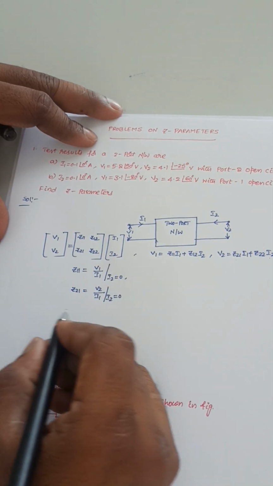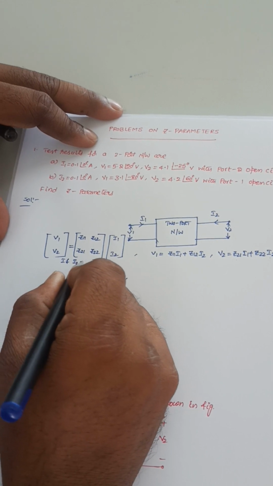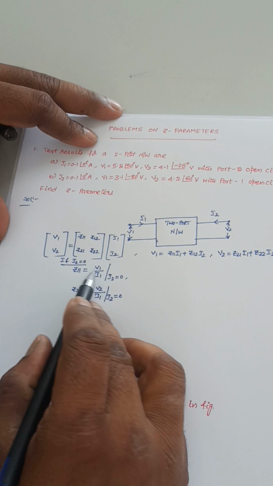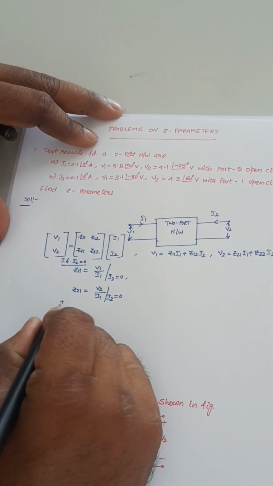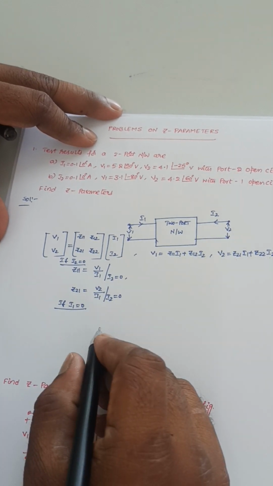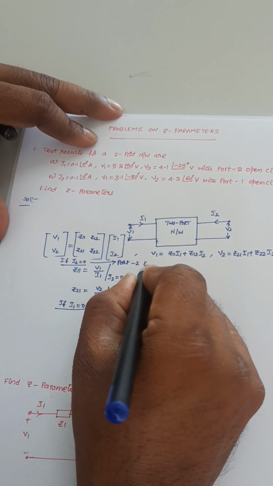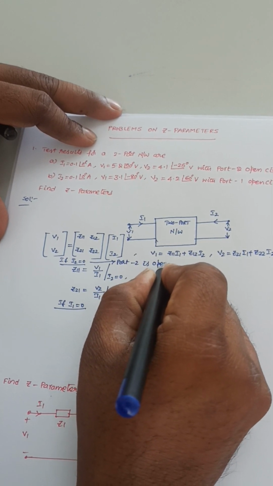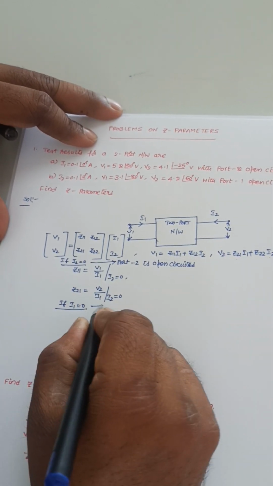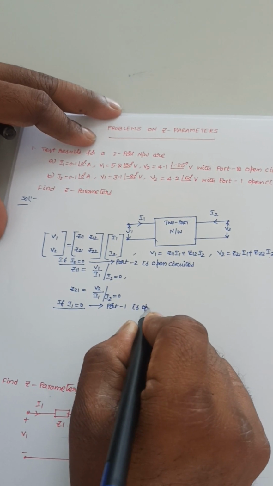That means if I2 is equal to 0, that is port 2 is open circuited, then this is the case. If I1 is equal to 0, that means port 1 is open circuited.